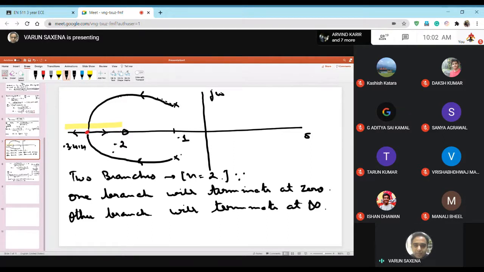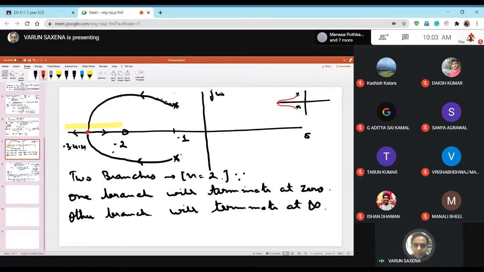Now, if you look at the graph that starts from these poles, the question that comes to our mind is why did you make the graph go like this? Why did you not make it go like this? For example, if this was the pole, and this was your breakaway point somewhere here, why did you not make your graph go like this?